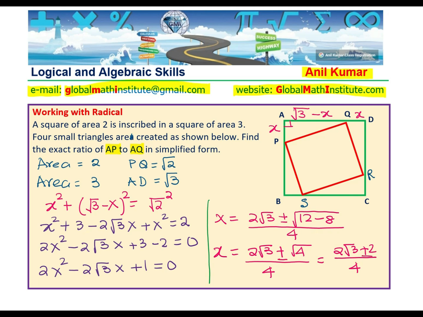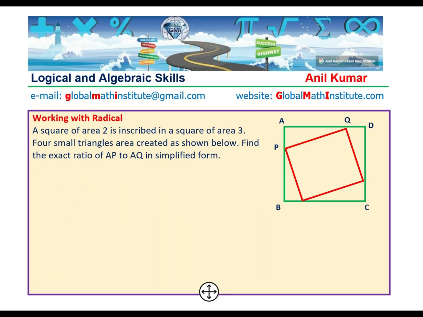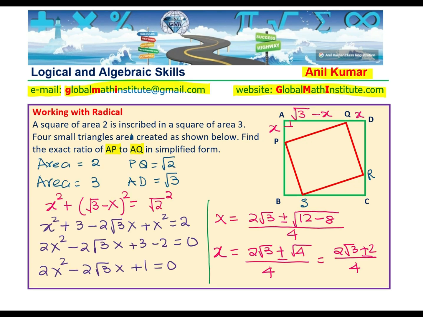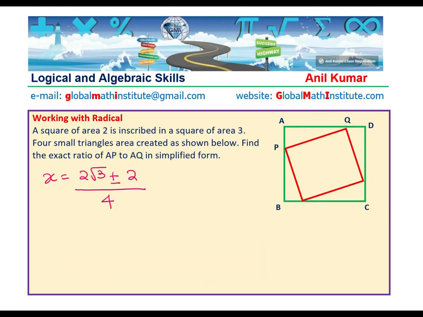So let me take this to the new page, okay? What we have here is x equals 2 square root 3 plus minus 2 over 4, right? So you can divide by 2.